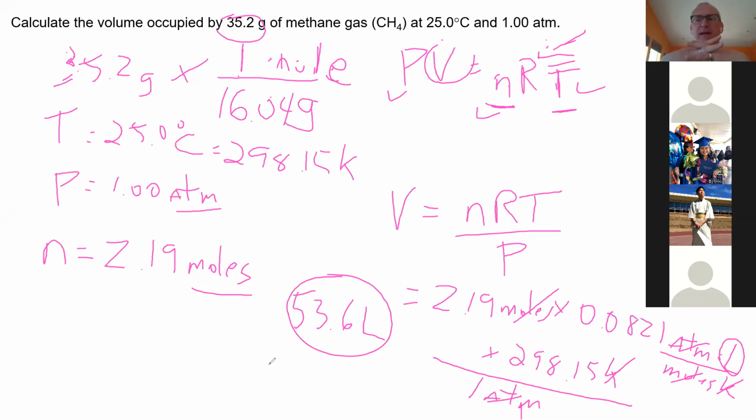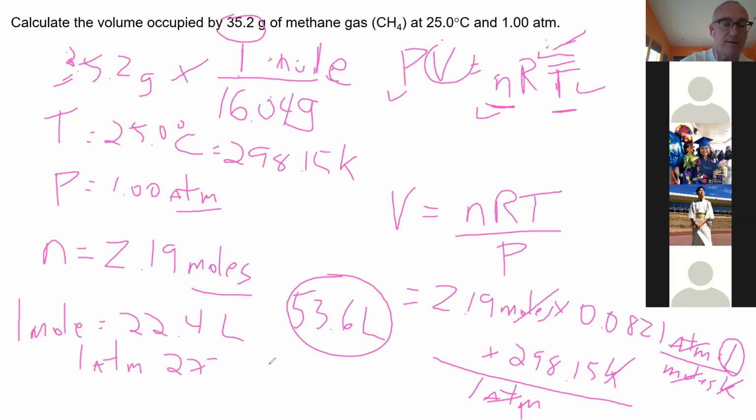R is the constant that binds all of this stuff together. The way that R was calculated is that 1 mole of gas takes up 22.4 liters of volume. That's the standard volume for an ideal gas at 1 atmosphere and 0 degrees C, which is 273.15 Kelvin.